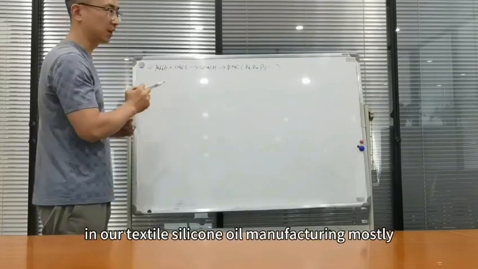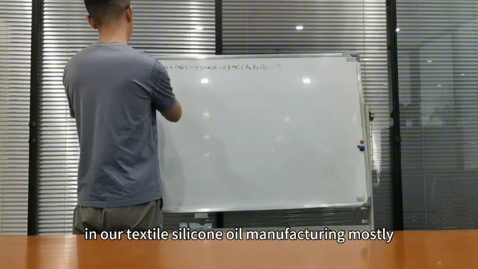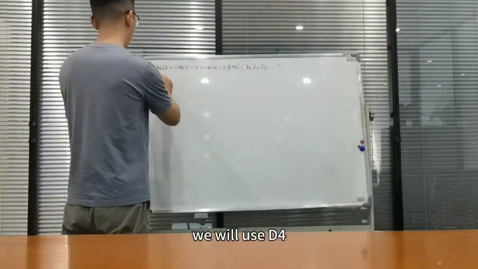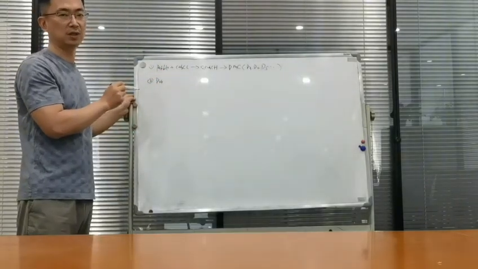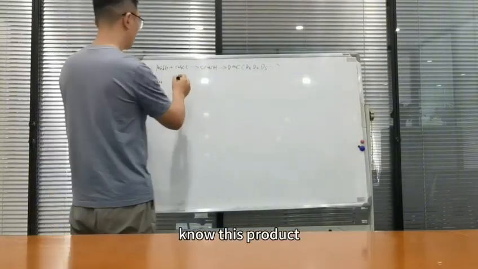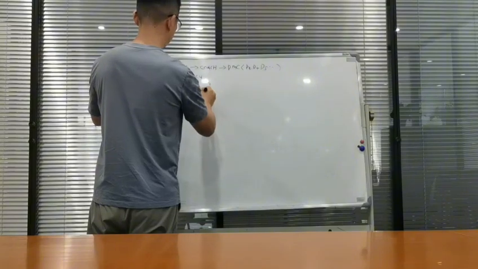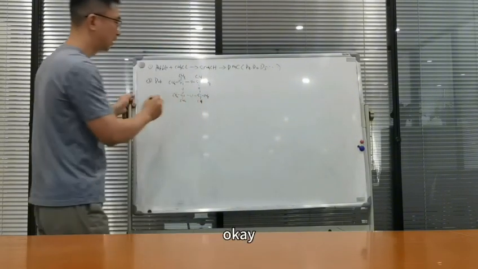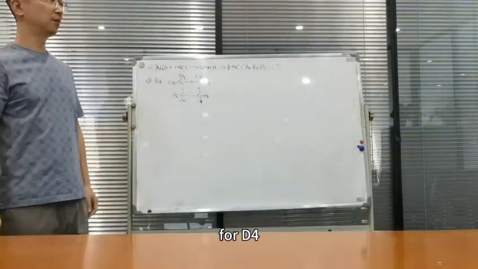In our textile silicone oil manufacturing, mostly we will use D4 as a raw material. Maybe some of you know this product. Later I will give more information about D4.